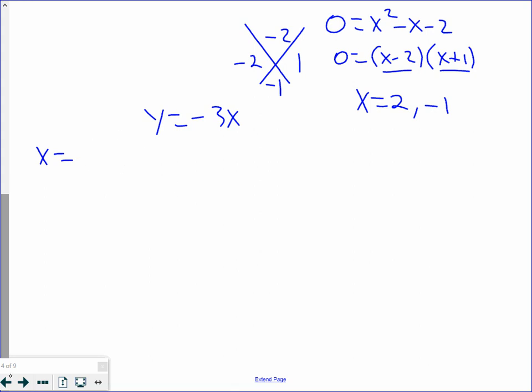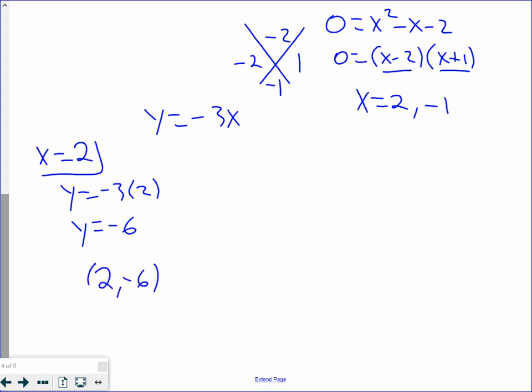So when x equals positive 2, we'll take our x value, plug it into that formula to get y equals negative 3 times 2, or y equals negative 6. So when x equals 2, our y is negative 6. That's one solution.